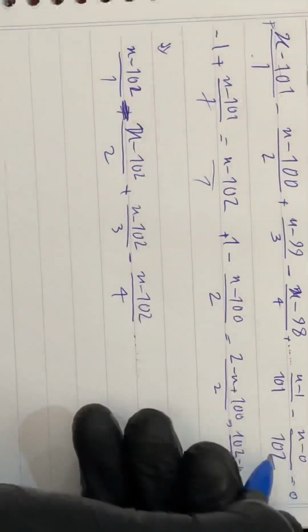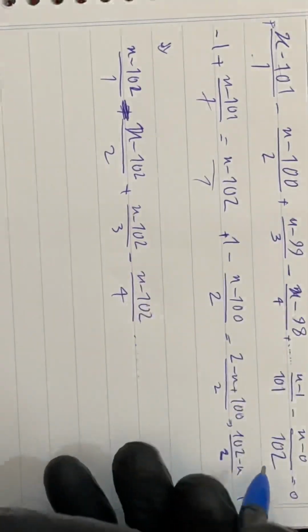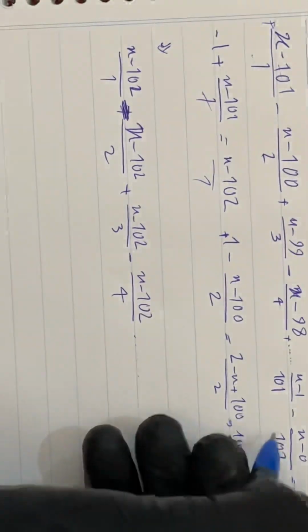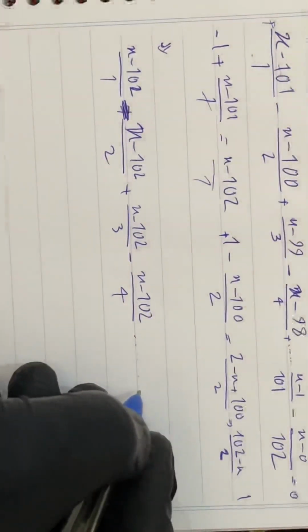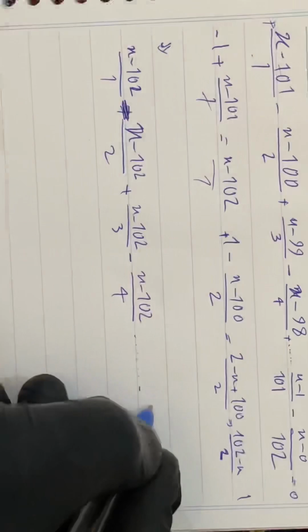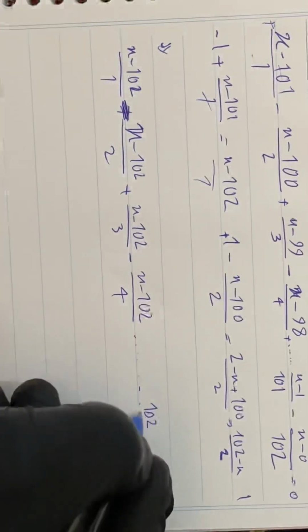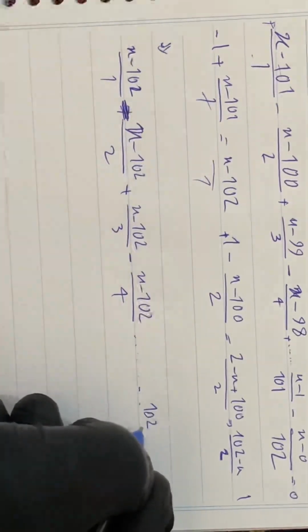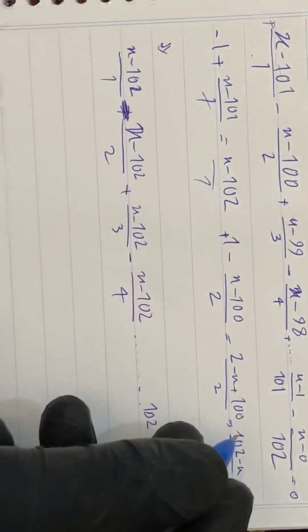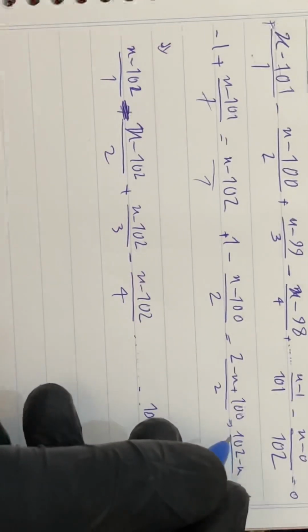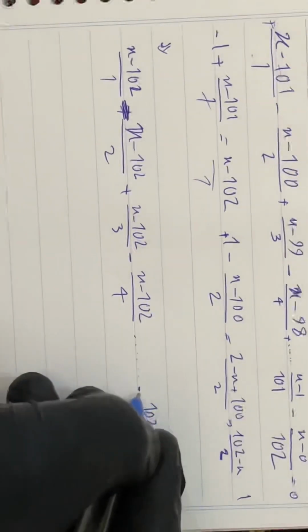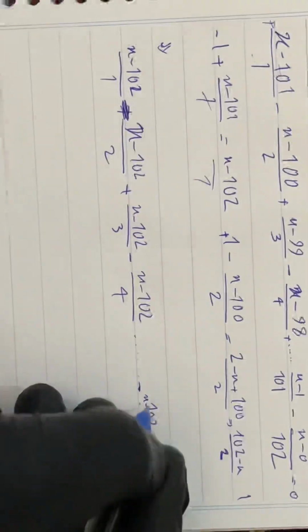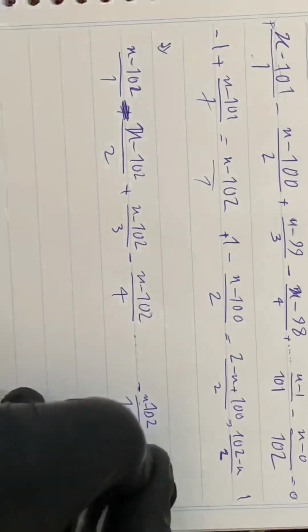For the last one, we simply add 1 to this, so it would be 102 minus x, which means minus x minus 102 over 102.